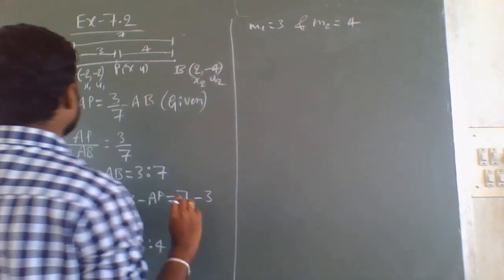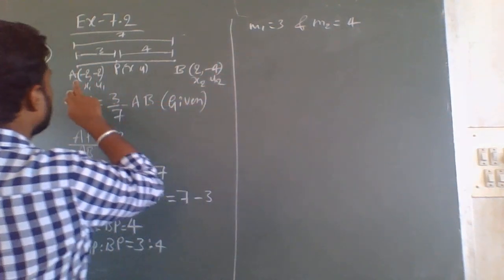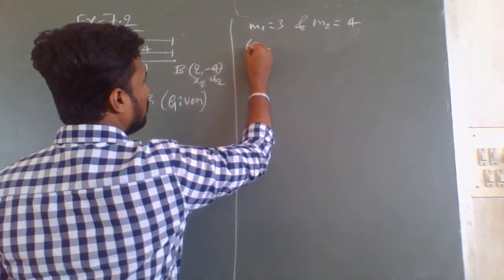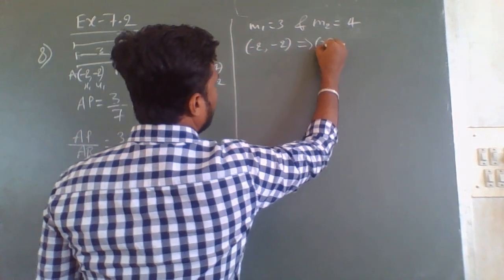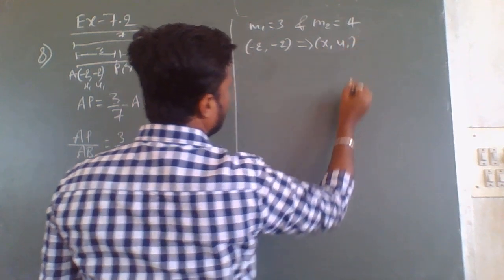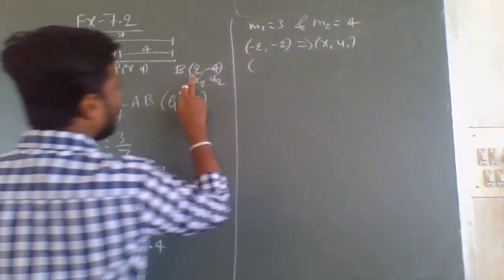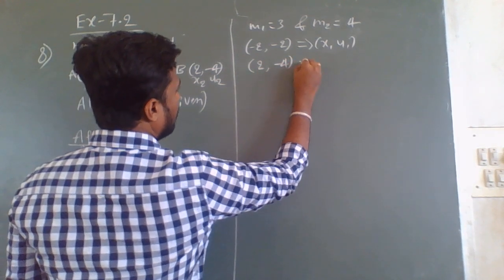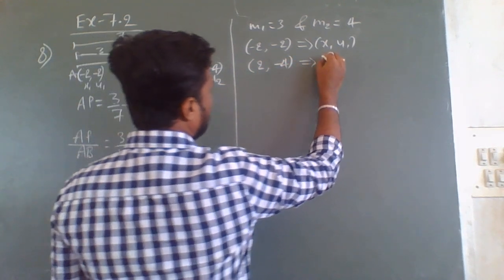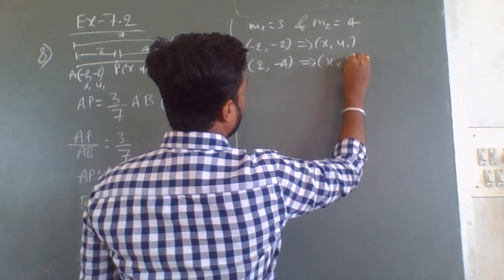So now this (-2, -2) is considered as x1, y1, and here (2, -4) is considered as x2, y2.